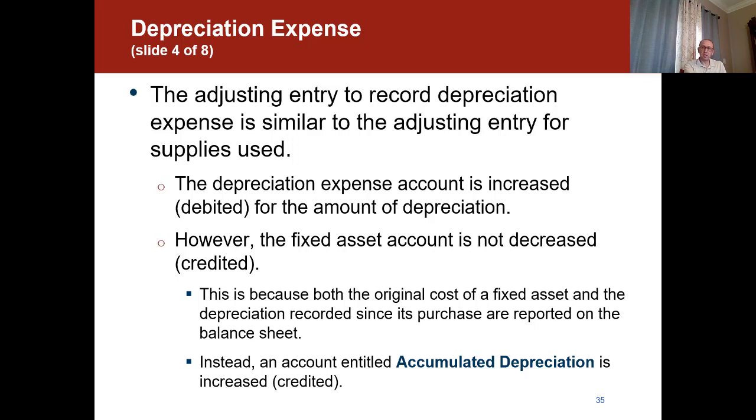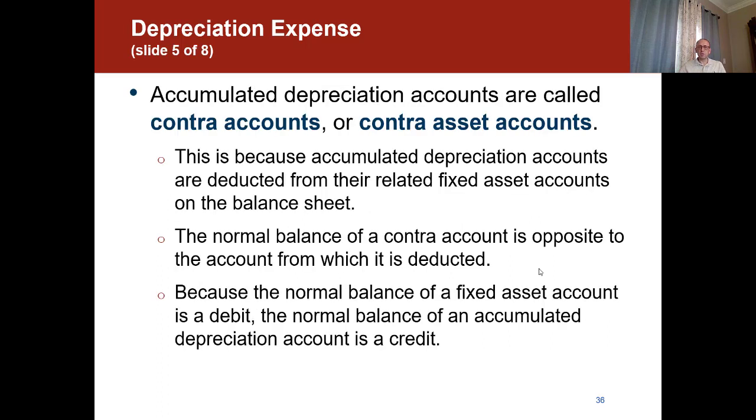So what is this account called accumulated depreciation? Accumulated depreciation accounts are called contra accounts or contra asset accounts. The word contra here means opposite. This is because accumulated depreciation accounts are deducted from their related fixed asset accounts on the balance sheet. We all know that assets have a debit nature. A contra asset would have a credit nature, because we subtract it from the related asset.